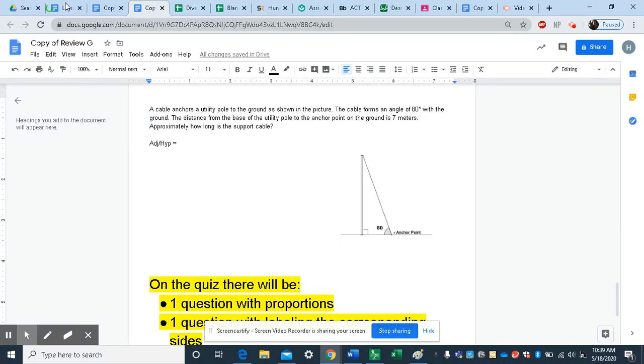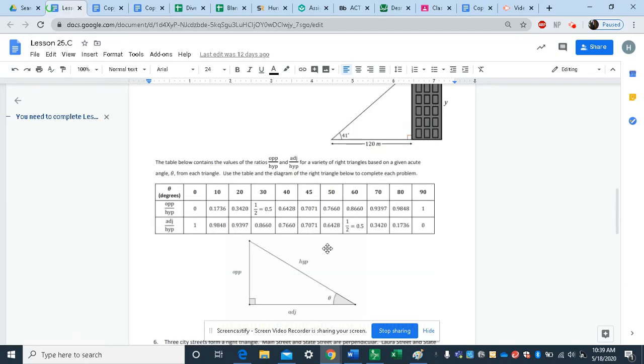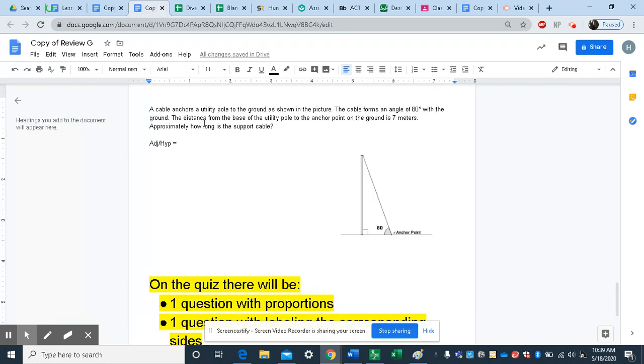Okay, so we're going to use our chart from 25C, right? This chart right here. So our marked angle is 80 degrees. So we go to our 80-degree column, and we're going to be using adjacent over hypotenuse, which equals 0.1736.